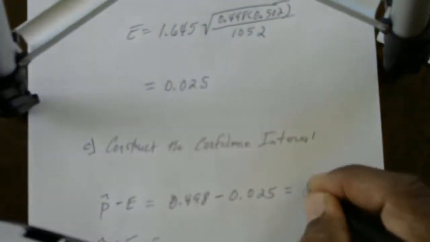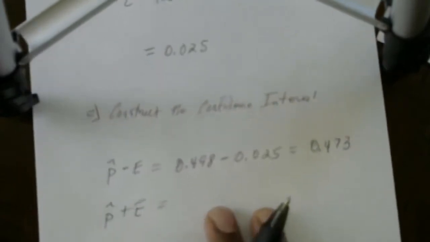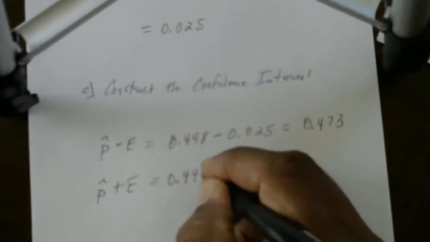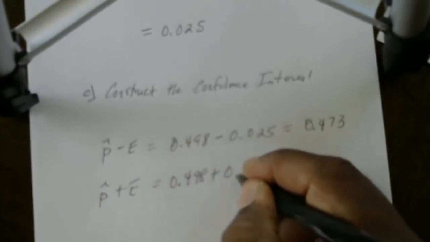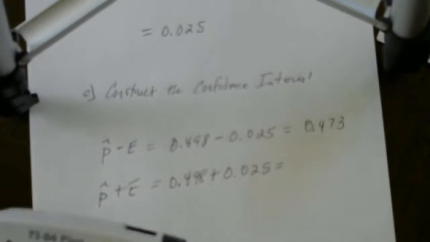0.498 minus 0.025, which is 0.473. And we also have p hat plus e, so that's 0.498 plus 0.025.